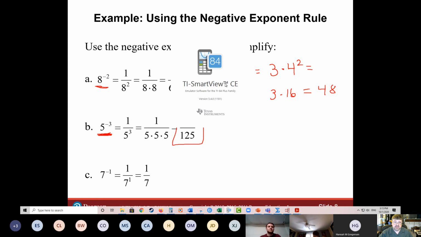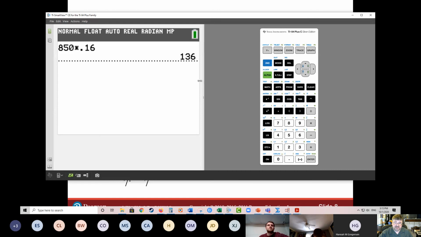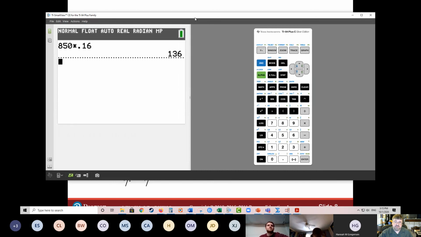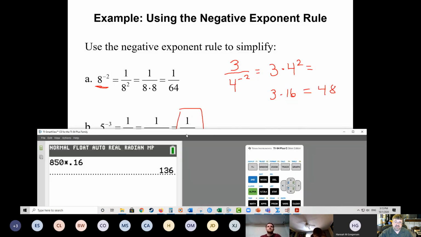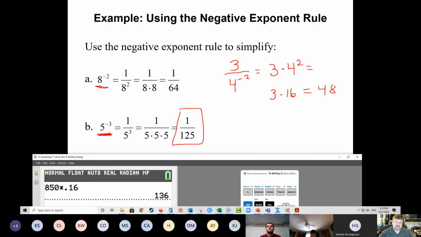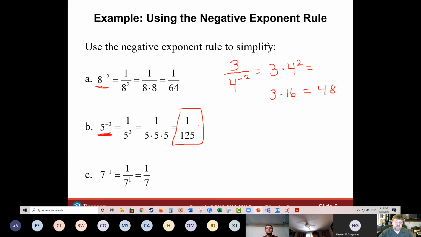So the calculator can help you check, but you have to be able to do it without using the calculator. Not that I'm going to be there to check, but I can kind of tell, because at some point I'm going to give a problem like this and somebody is going to put that their answer is 0.008. That was not an answer. I mean, it is, but I'll tell you this right now in case I forget.